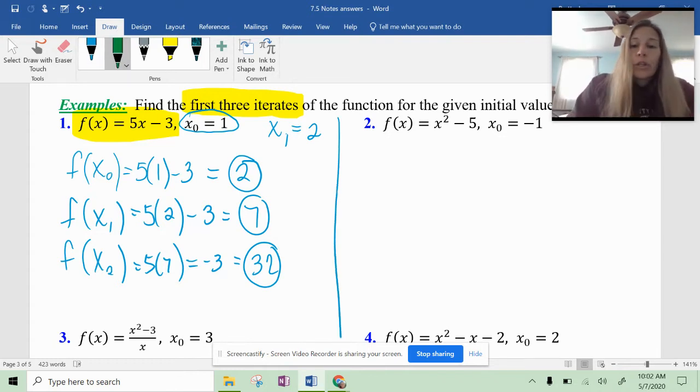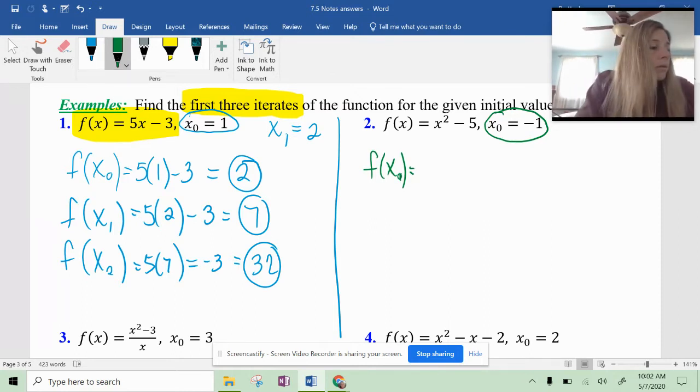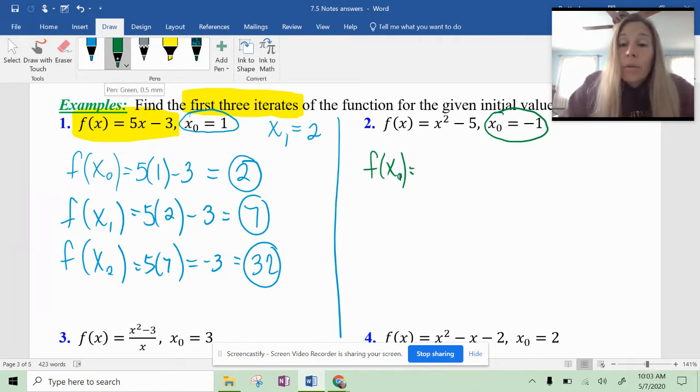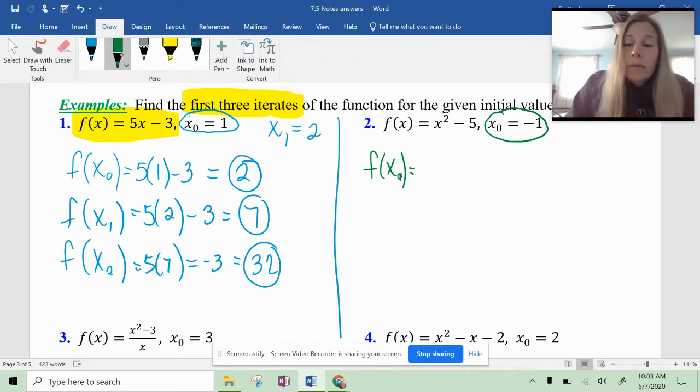Now for number 2, we're going to this time start with the value of negative 1. So to find my first iterate here, f of x sub 0, we're putting in a negative 1 for my x, squaring it, and then minus 5.